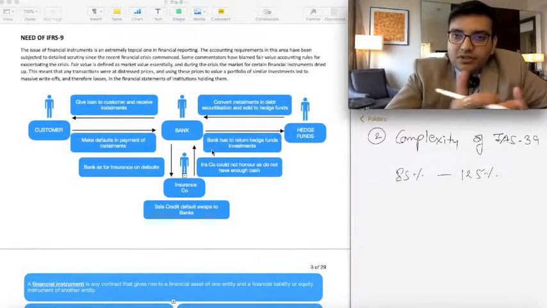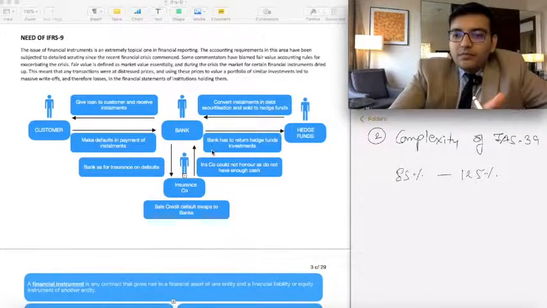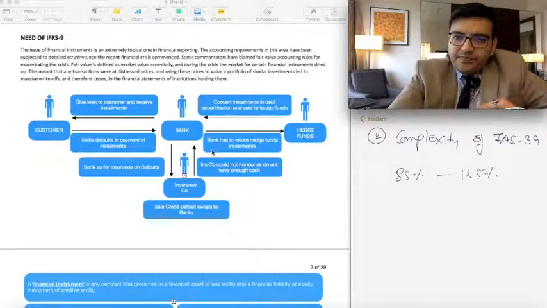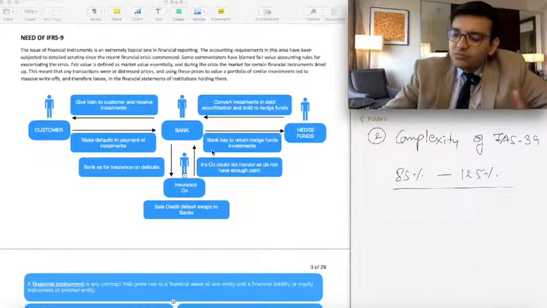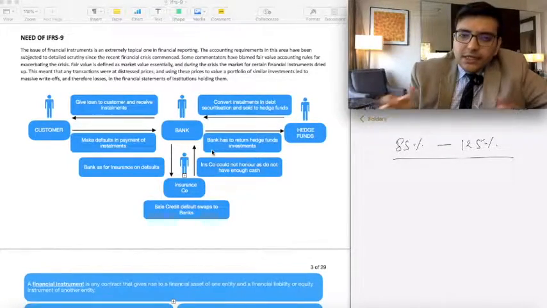We'll talk about that later, because I cannot explain it right now, you don't know the concepts straight away. So there were some rule based concepts based upon such rules, and we don't know where they came from. So IFRS 9 was made very simpler.